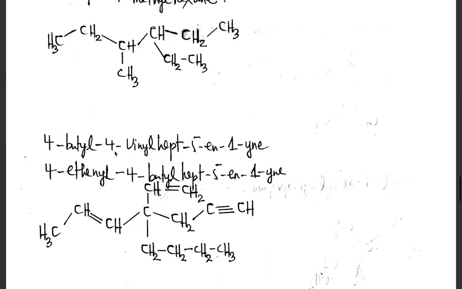So we go to the second one, that is 4-butyl 4-vinyl hept-5-yne. Like the rule states, we're always supposed to start from our principal chain. Now our principal chain here shows two factors.